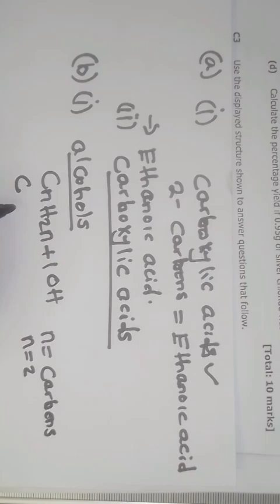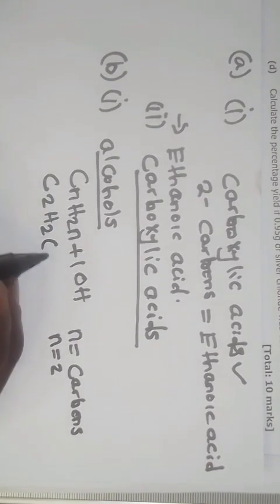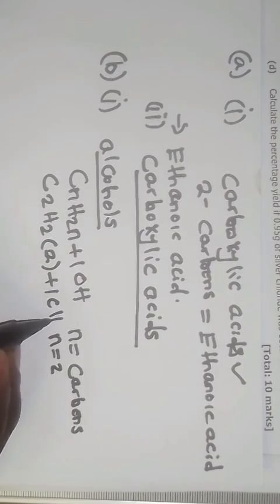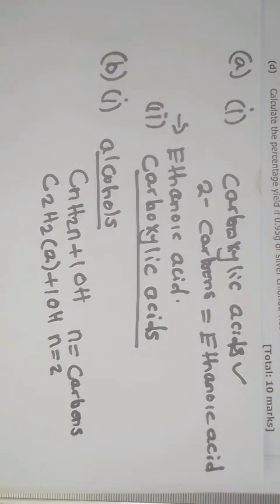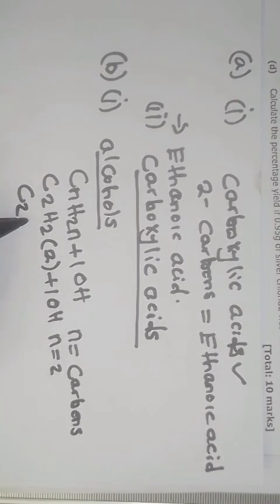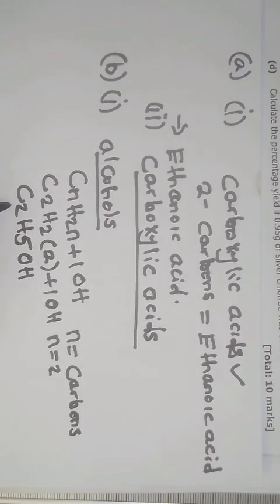So this will be C2H2, open bracket, 2 plus 1, then OH. From there, C2, this one you multiply 2 times 2, 4, plus this one, you get C2H5OH. So this is the formula for ethanol.